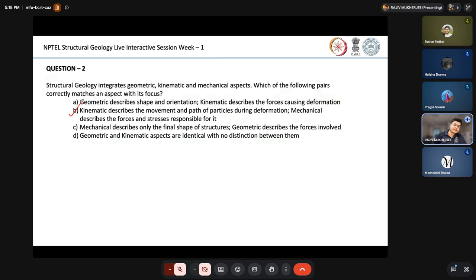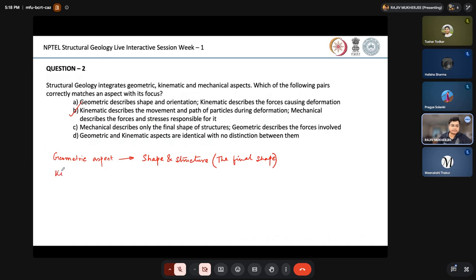So, the geometric aspect is basically shape and structure, and it is essentially the final shape, right?